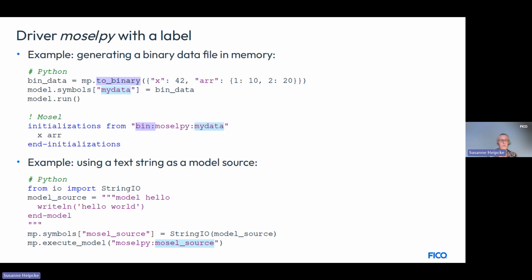So you don't have a fixed, complete Mosel model text in a separate file, but it could be generated dynamically. And there you have the model sitting within your Python program. I can compile this from memory; here it is just straight away executing the model.